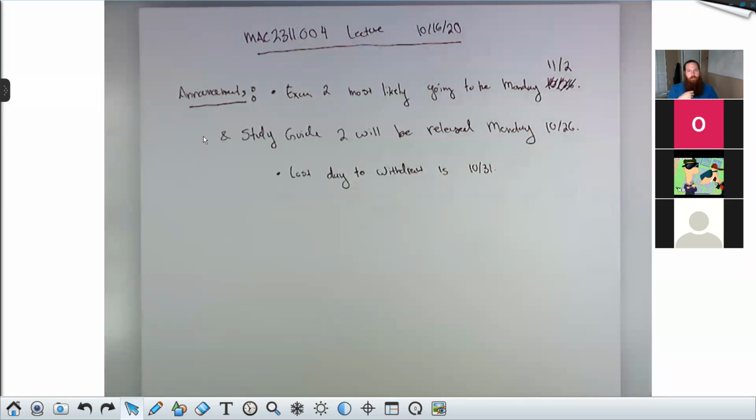It'll be before the day of the test even. The study guide will be out. So what I would advise is to treat study guide 2 like the test. Go through and time yourself on it, see how you're feeling, and compare that to your result on exam 1, your homework scores and such. You'll need to make a decision as to whether or not you want to stay in the class by Halloween.